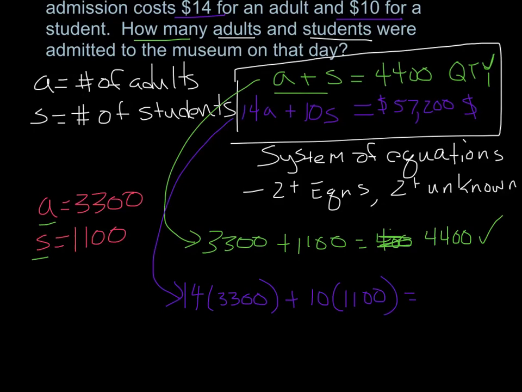And what we'll find, if you do the math with a calculator, you will in fact find that raised $57,200. So we've got one A and one S that make both equations true. And so this right here represents the solution to our system. So in the coming videos, we're going to try to figure out, well, how can we solve that algebraically if we don't know the solution in advance?